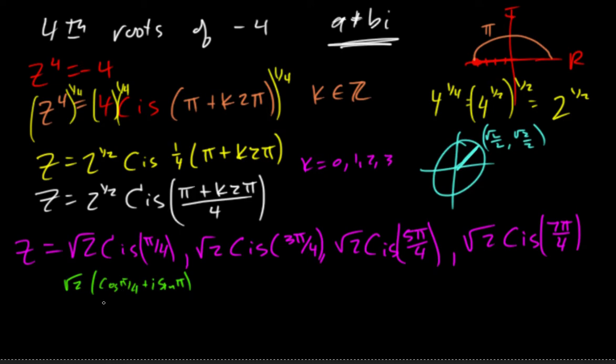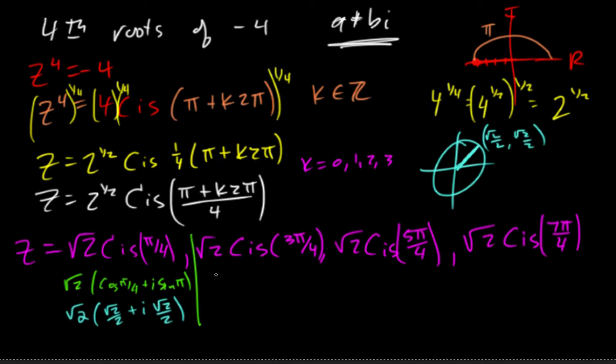And so that's what we're left with. So square root of 2 times square root of 2 over 2 plus i square root of 2 over 2. And this one, remember, it's square root of 2 cosine 3 pi fourths plus i sine 3 pi fourths.